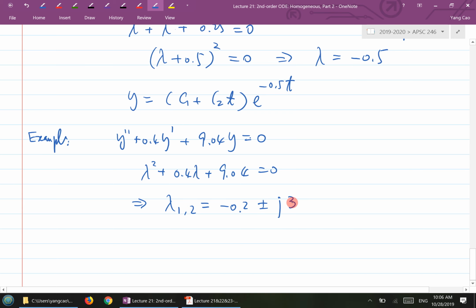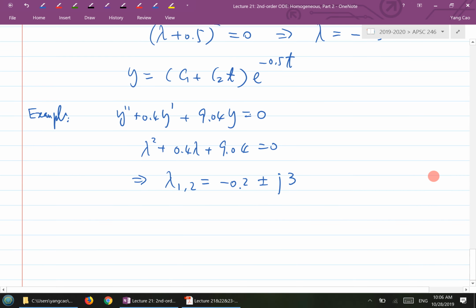That's an integer 3 here. So you get two complex conjugate roots. Essentially this is like alpha plus or minus j beta, so alpha here is negative 0.2 and beta here is 3.